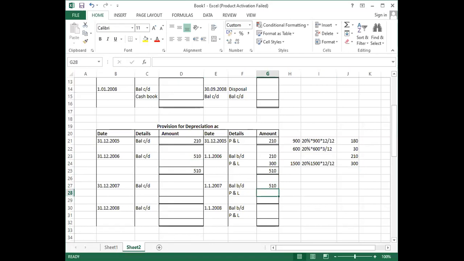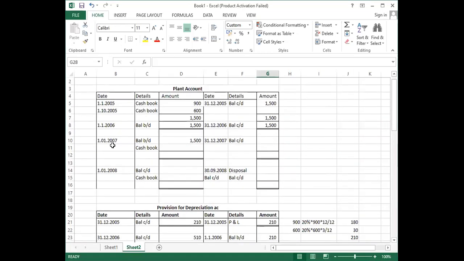We go to year 2007. Go back to the question. What does it tell us in year 2007? That we bought plant costing 550 on July 1st, right? And therefore, on 1st of July 2007, we have bought a machine here.